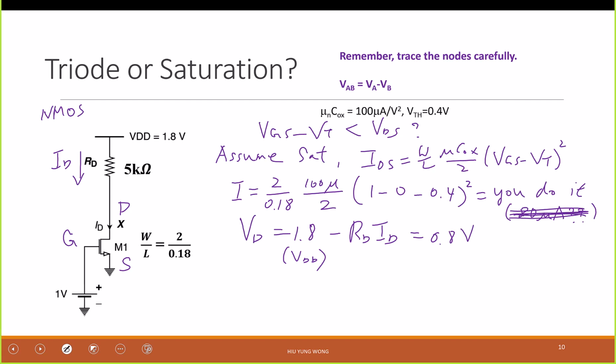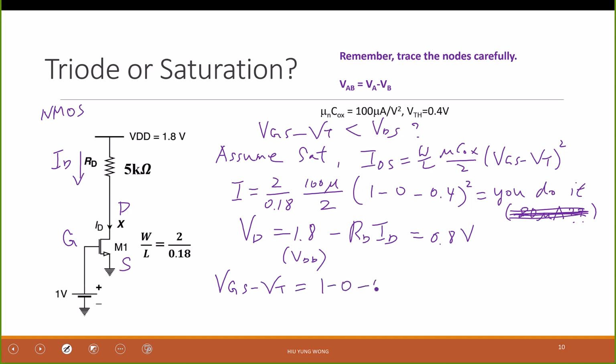You calculate yourself. But I want to demonstrate the point. Now what is VGS minus VT? It is 1 minus 0 minus 0.4 equal to 0.6, right? And this is smaller than 0.8, which is VDS.